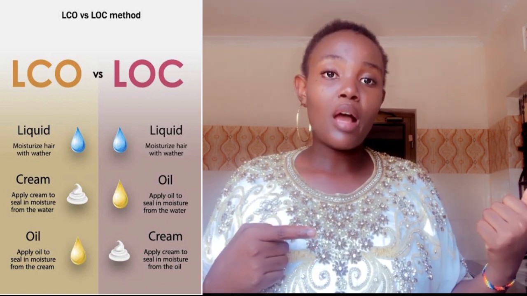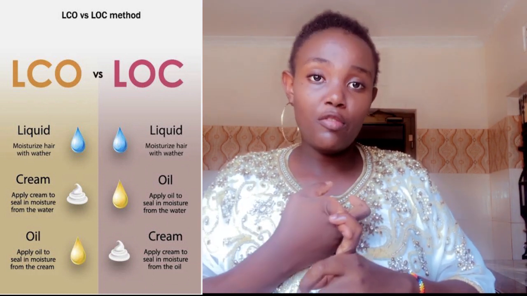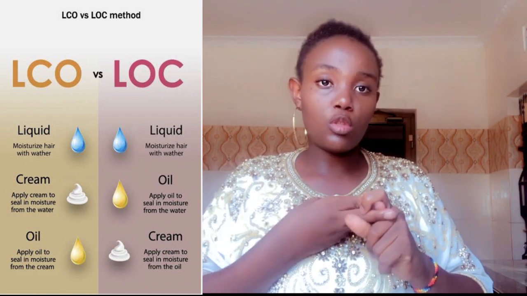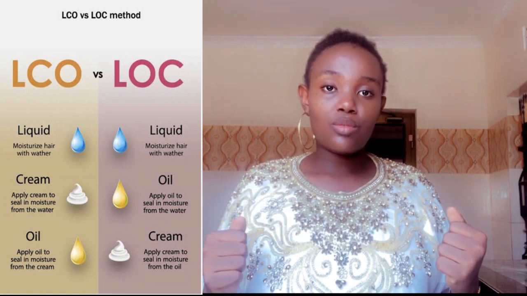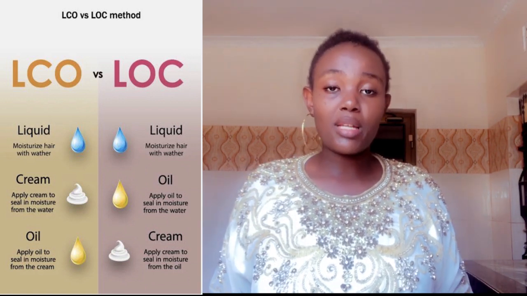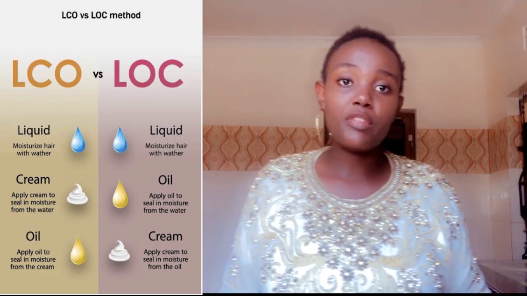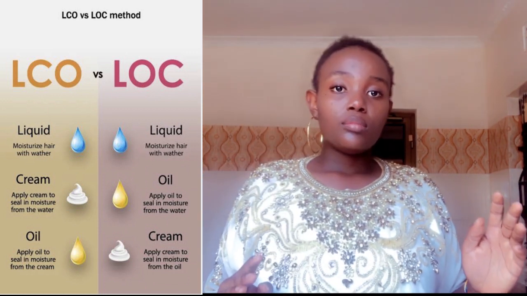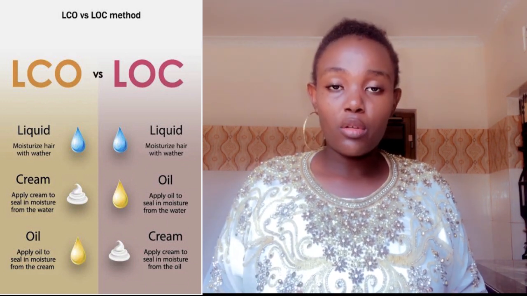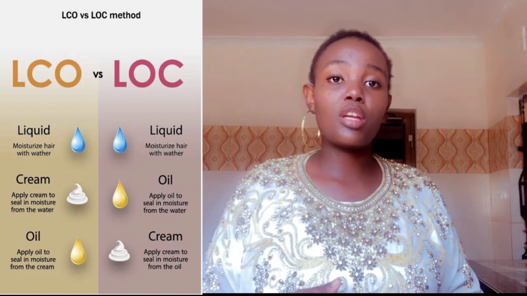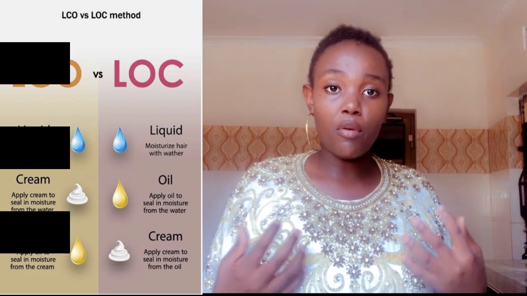The LOC method means you put on the leave-in first, then the oil, then the cream on top. So the LCO method is excellent when it comes to low porosity. But again, if your hair loves the LOC method and you are low porosity, just keep rolling with that, because here I just share stuff that happens to be working for me as a low porosity.